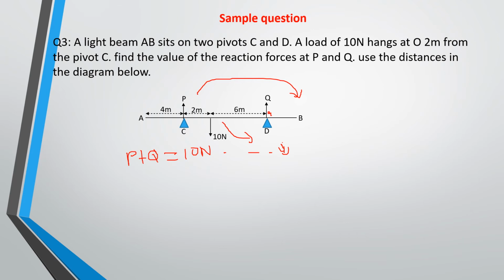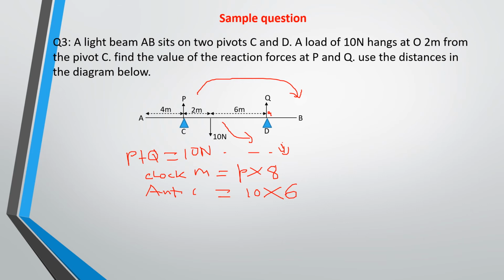So clockwise moment is equal to P force times distance, which is this reaction force times the distance from here to here, 8, so P times 8. Anti-clockwise is equal to 10 times 6.